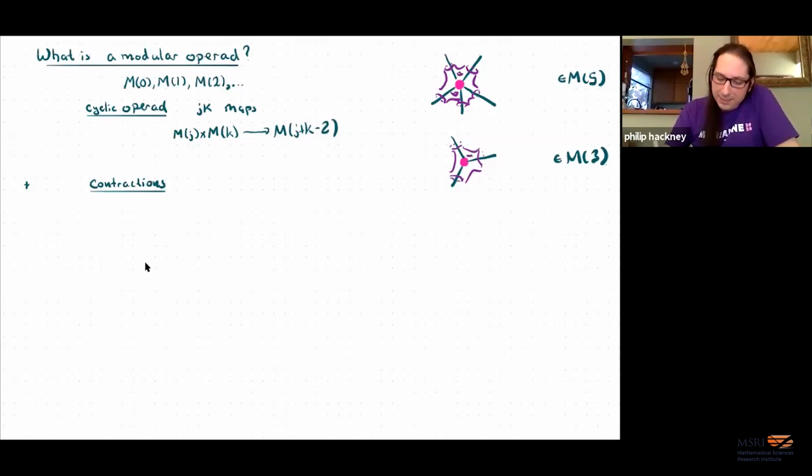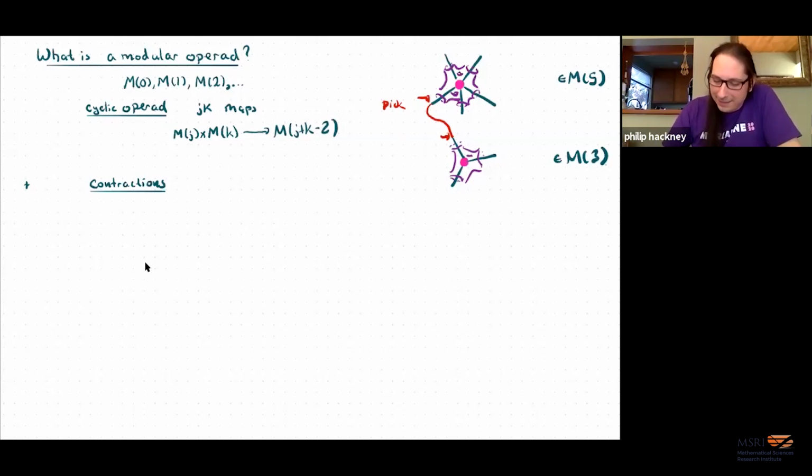What the j times k business amounts to is that I have to pick an edge from each of these. So maybe I pick this one, and maybe I pick this one. And then I glue those together along those edges. So there's a choice there.